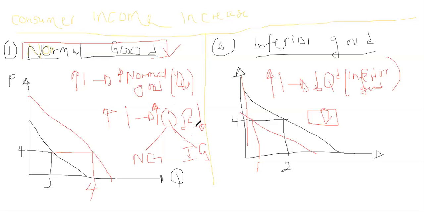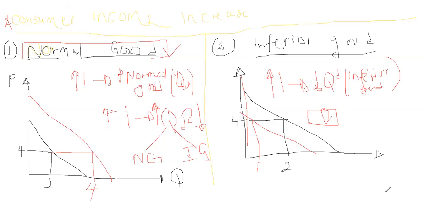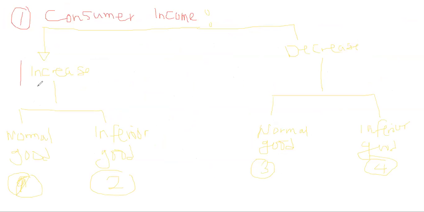All right. So let's go to the second variable that can cause a shift in the demand curve, which I think was the price of related goods. But even before that, we talked about an increase in income; if it's a decrease, it will be the opposite.